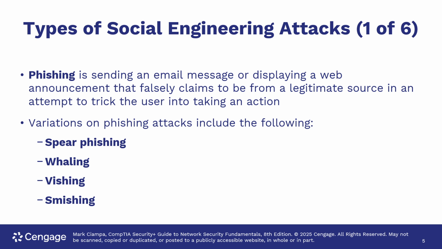Spear phishing is like targeting a specific group. Whaling is where you're capturing a big user, like the leader of a group or a president of a group. Vishing and then smishing, all of them are variations of these attacks.